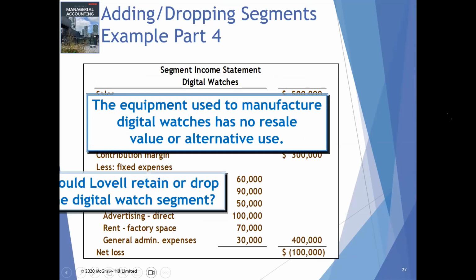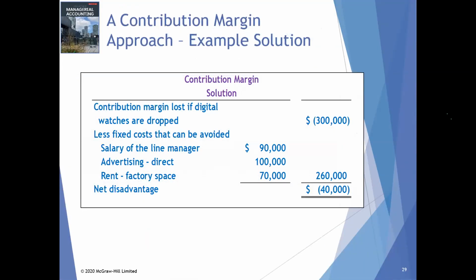So look at this now. The contribution margin loss is $300,000 when the digital watches are dropped, less the fixed costs that can be avoided.